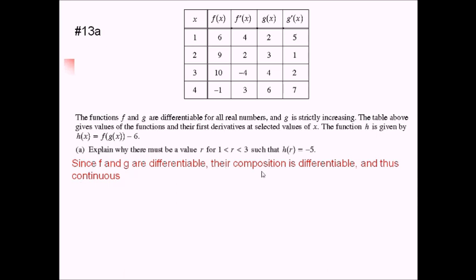Now, if you don't believe me on this composition being differentiable bit, just think about this real quick. If g is differentiable, which they said it is, that means that it's continuous, and that means that it's defined everywhere. So no matter what I plug in for x, g is going to give me a real number back. f. Where is f differentiable?